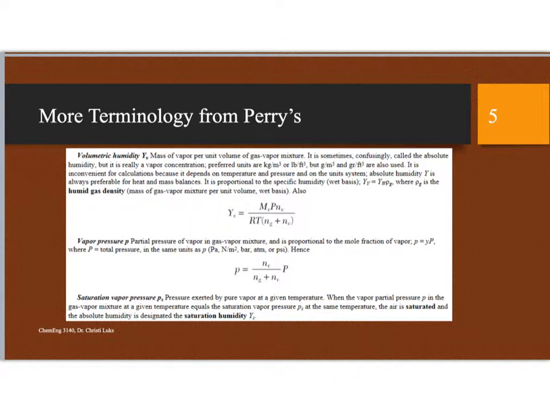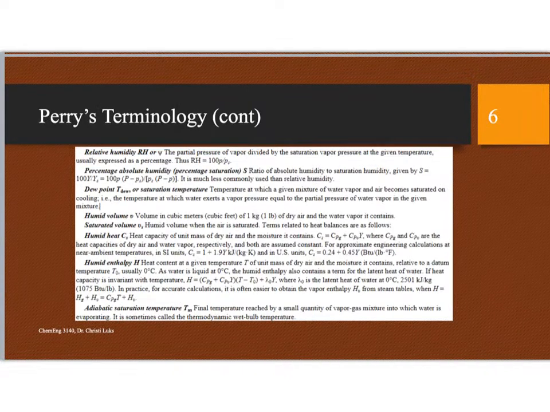Here is another excerpt from this: volumetric humidity, vapor pressure, and saturated vapor pressure, and more on relative humidity. So you'll see these are the same things, but this is the way it's presented in Perry's Handbook. And this is something that you should probably have access to for the rest of your career. So familiarizing yourself with this is probably very wise.